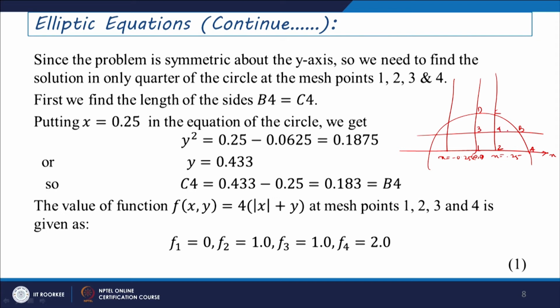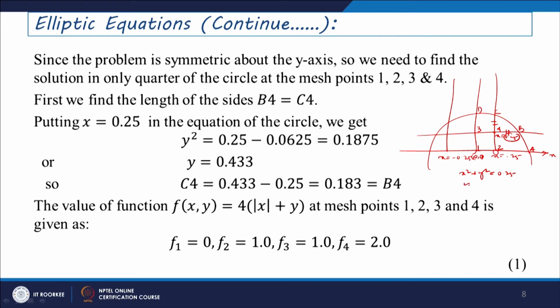So, we are finding the length of the sides B4 and C4, since both are equal there. To find this one, we consider x square plus y square equals 0.25, and at this line, we consider x equals 0.25. The x coordinate is given, we have to find the y coordinate at that point.